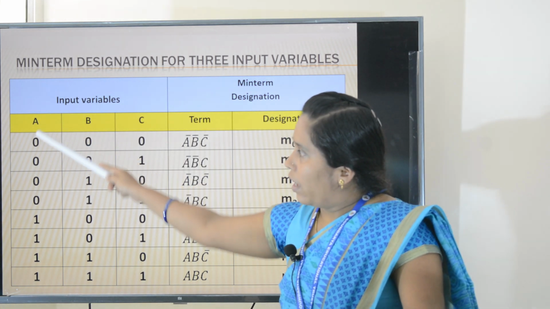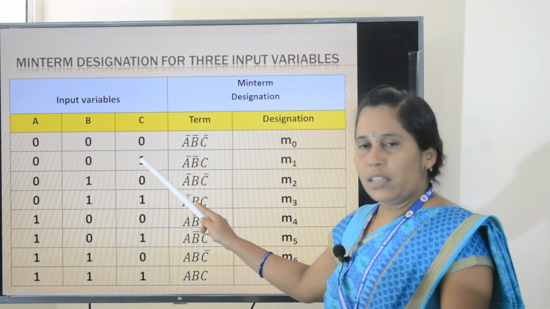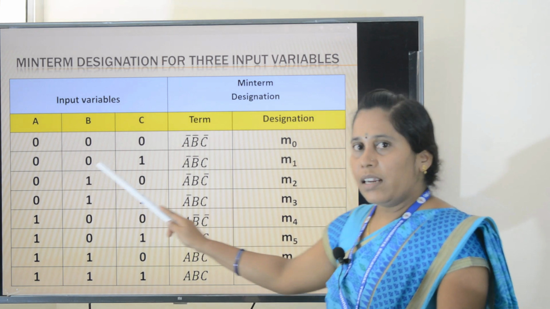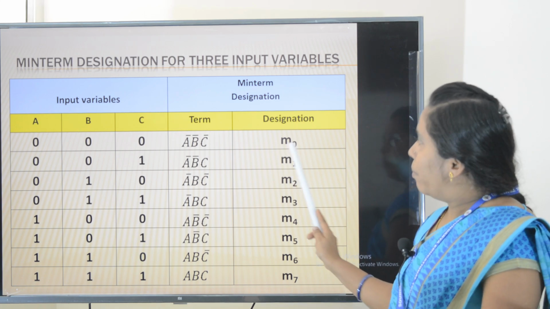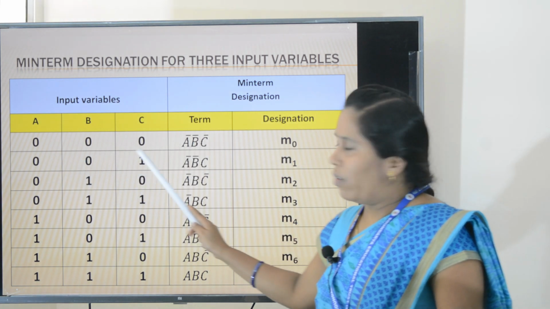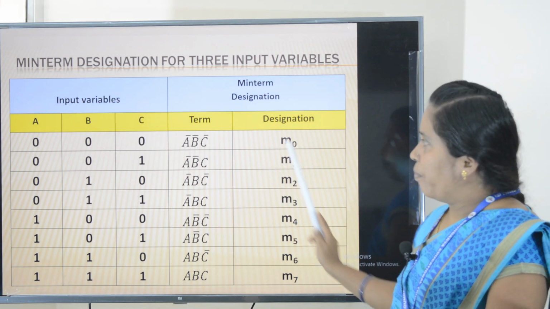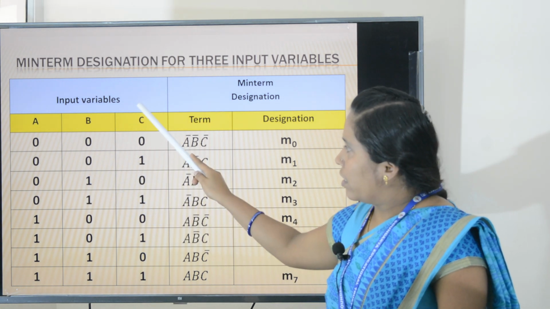The next one is A column is 0, B column is 0 and C column is 1. So the product term is A bar, B bar, C. The minterm designation is M1. In binary number 001 is equal to 1. So the minterm designation is M1. The third one is A is 0, B is 1, C is 0.